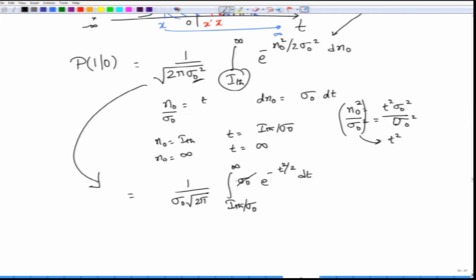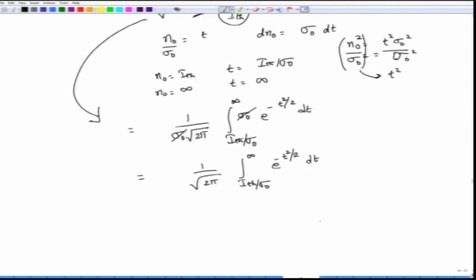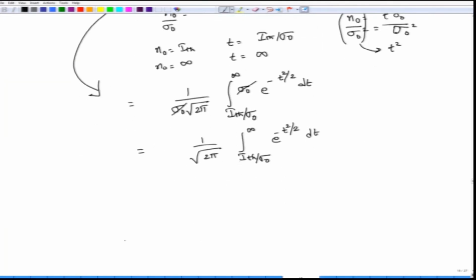This sigma 0, being a constant, comes out of the integral and cancels with the sigma 0 in the denominator, and what you get now is 1 by root 2 pi, with the lower limit of the integral ITH by sigma 0 going all the way to infinity, and then e to the power minus t square by 2 dt. Now do you see the equivalence with the Q function? Yes, you do.